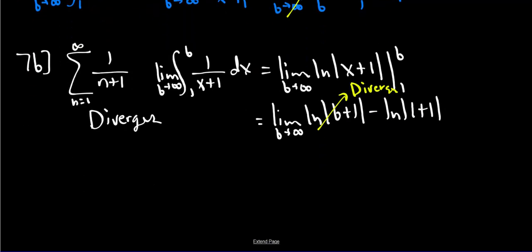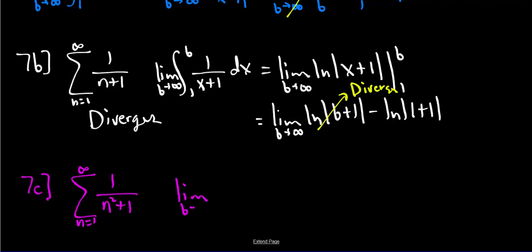Now, let's look here. We've got 7c. So we've got 1 over n squared plus 1. Now, we rewrite this as the limit as b goes to infinity of the integral from 1 to b.